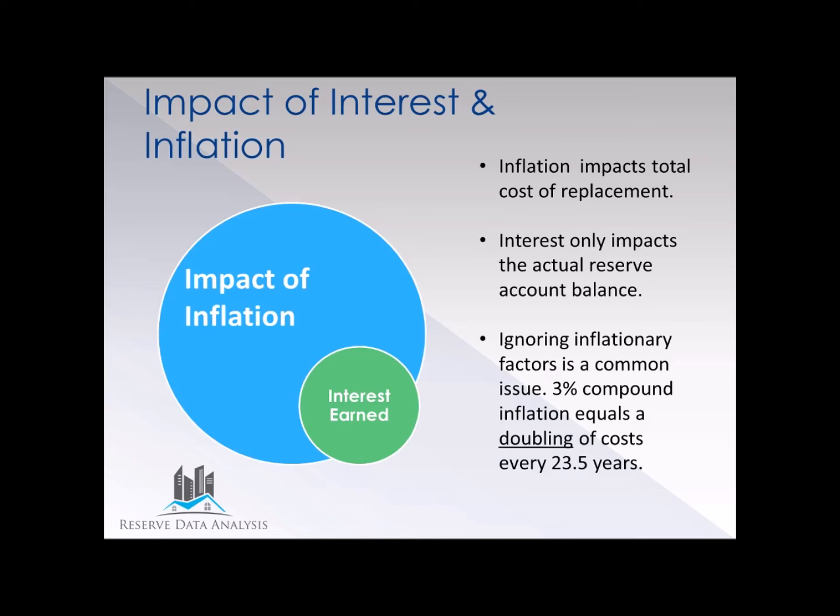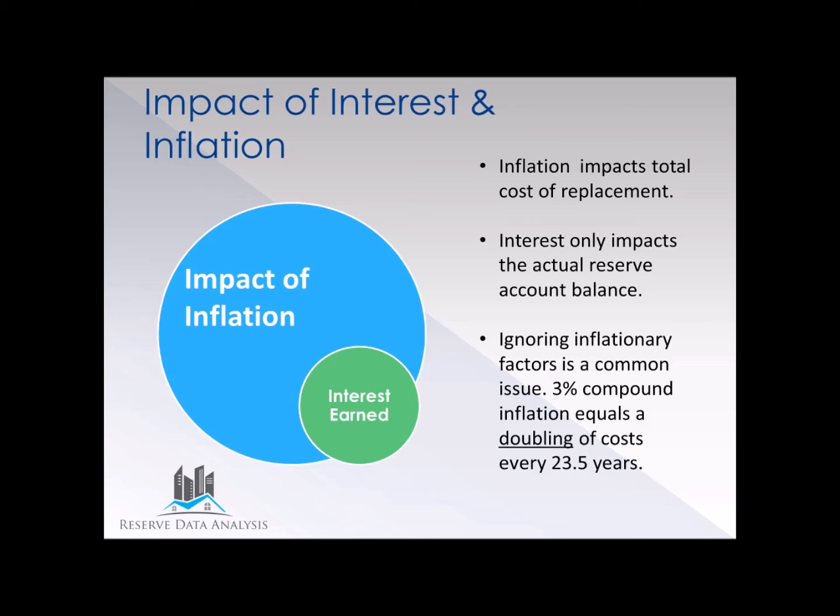So say you have a building with estimated liabilities of $1 million for common area components over a 30-year period. The impact of inflation for that $1 million, which would be a current cost, is going to be much higher. Say a typical 3% inflation.